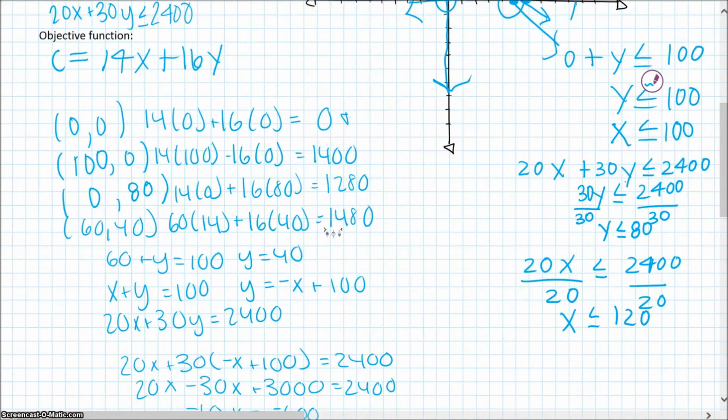Our minimum would be 0, and our maximum would be 1,480.